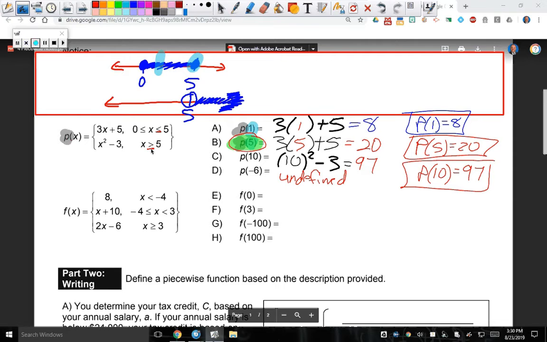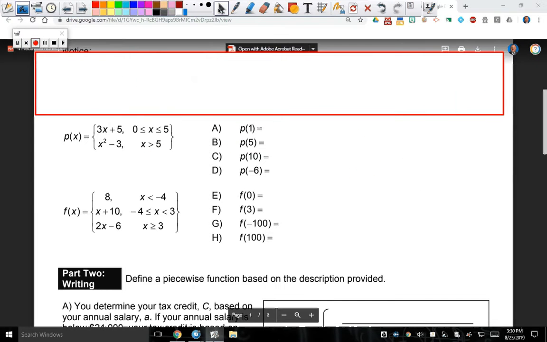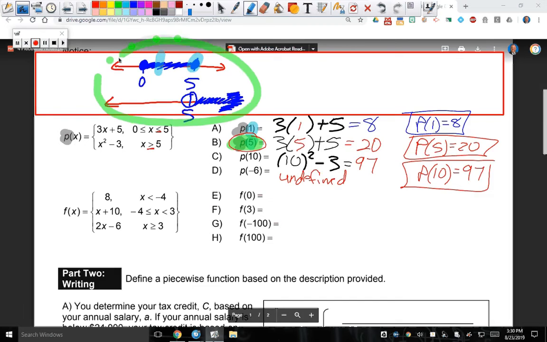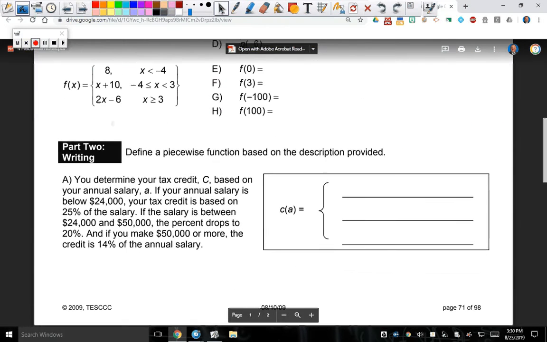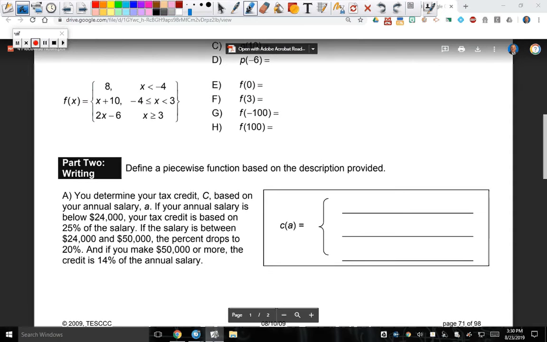All right, let's do the next one. This time I'm not going to draw those pictures right here. I'm not going to draw this. I want you to imagine this. I want you to envision based off what you see here, here, and here. Okay? Here we go. We are going to use f of x.